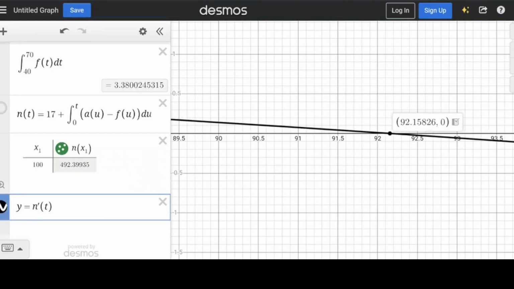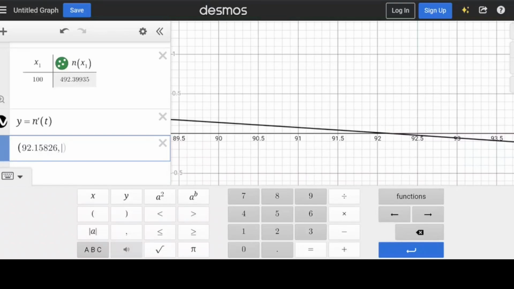There's the 0. Hover over it, touch it if you're on a tablet, and then we're going to store that value. I'm going to get rid of the fact that it's a coordinate, because that's not all that interesting to me.